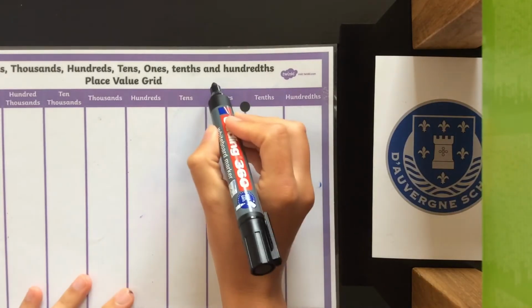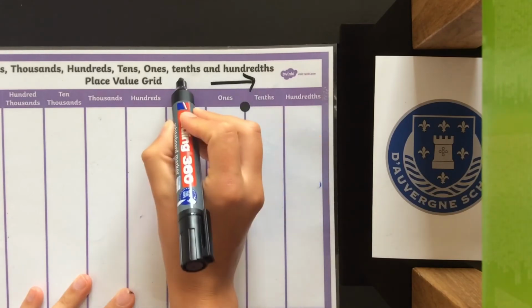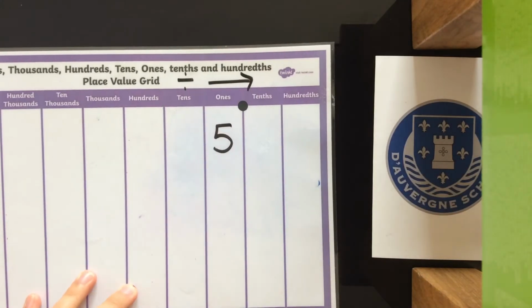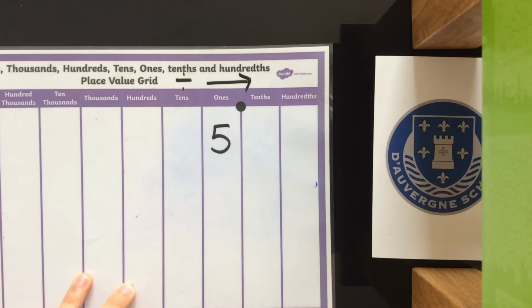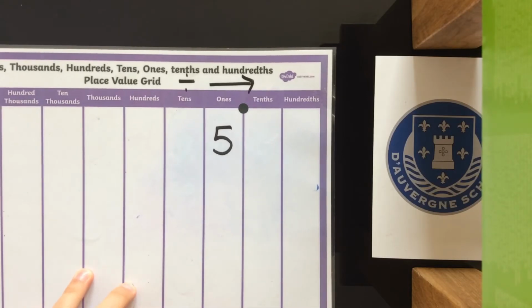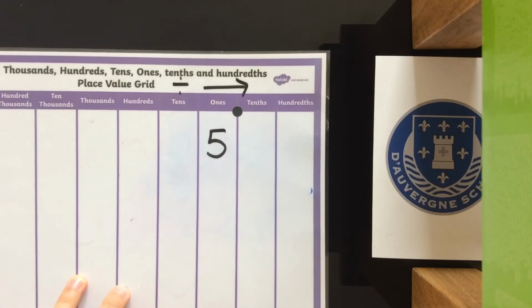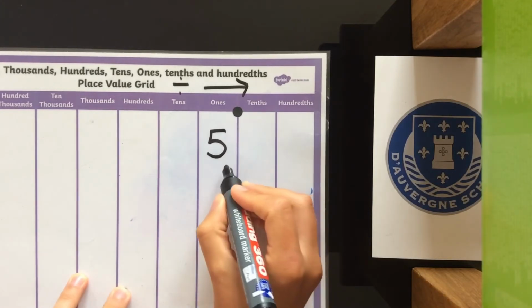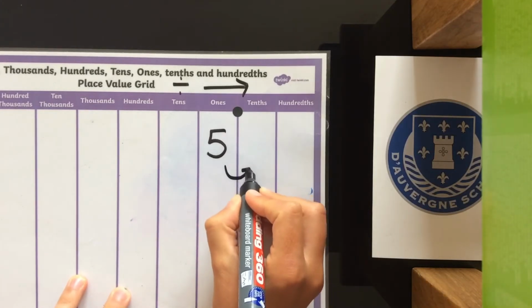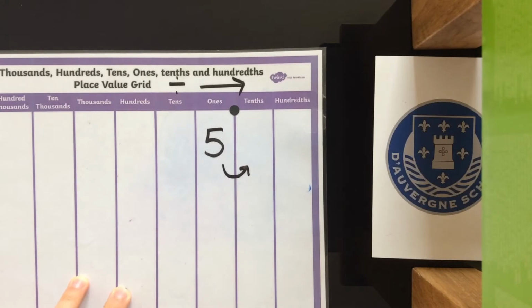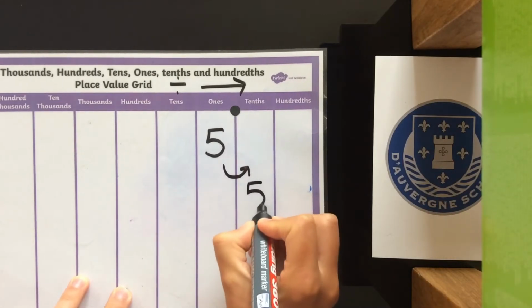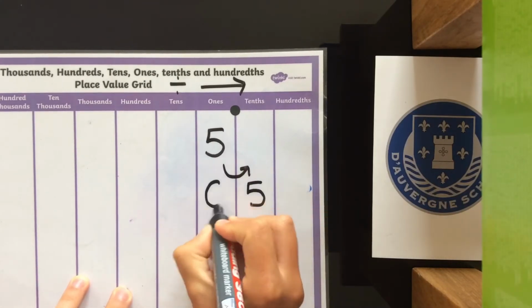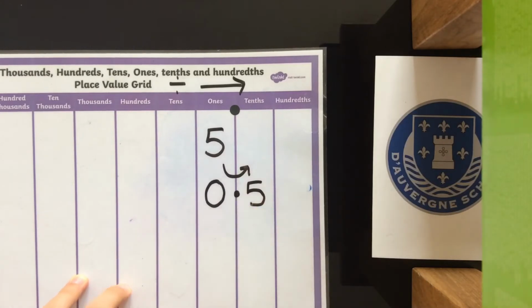Okay? So we need to move down the place value grid if we are dividing. So if we're dividing by 10, we had 5 chocolate bars divided by 10 children. We move back 1 space in our place value grid. Okay, so the 5 moves to the 10ths column, and then we have to put our 0 placeholder in.